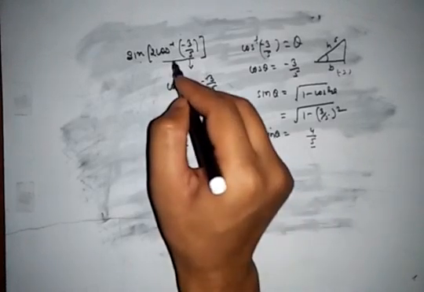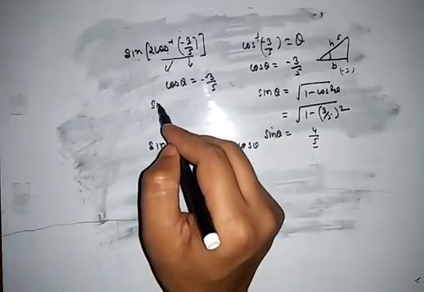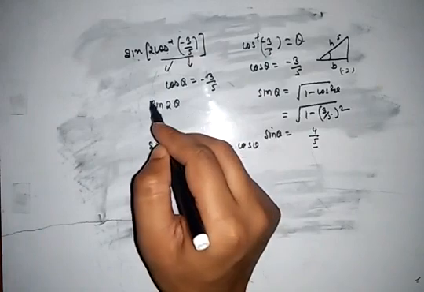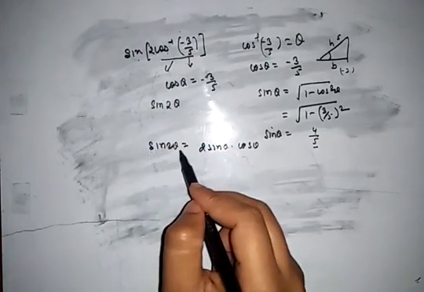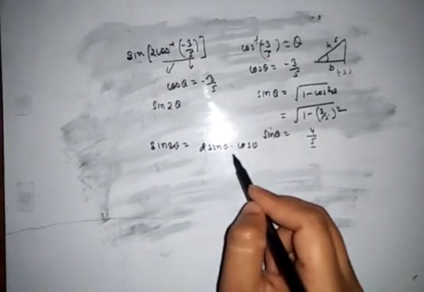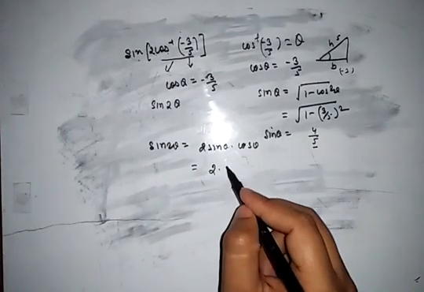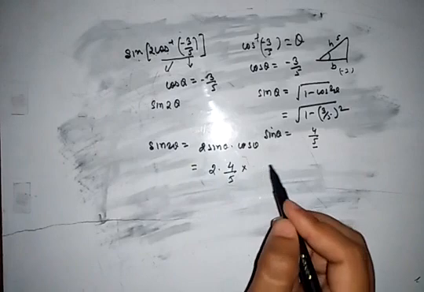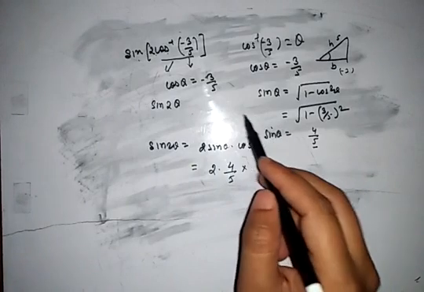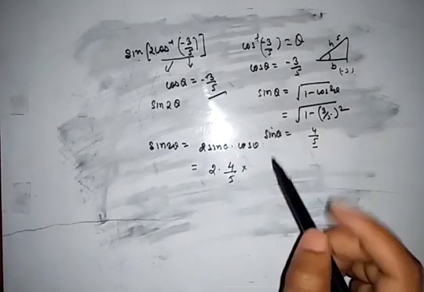Put the values: sine theta is 4 by 5, into cos theta, which we have calculated here as minus 3 by 5.